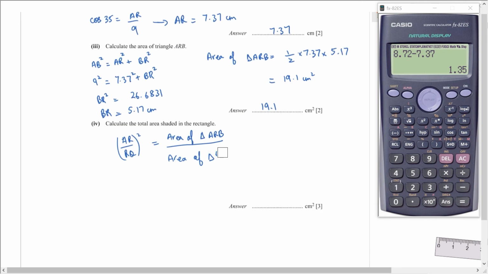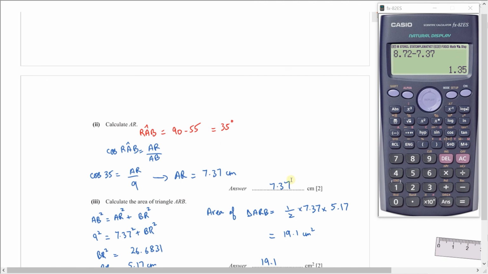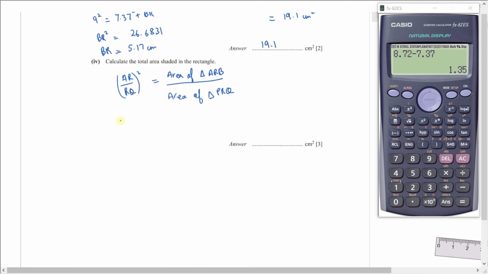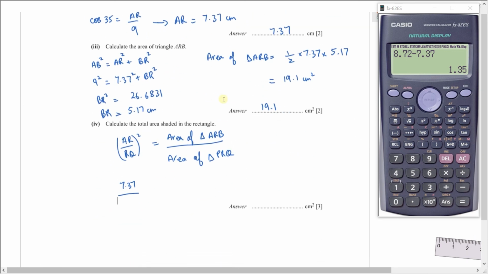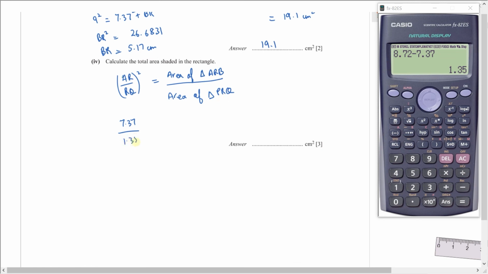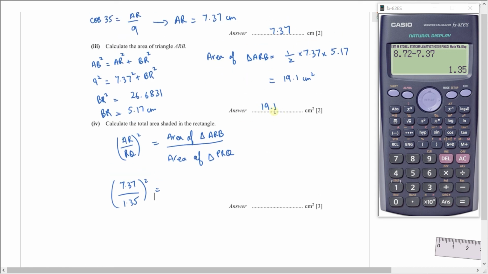So let's substitute the values. AR is 7.37, RQ is 1.35, and then whole square equals area of ARB that we calculated in the previous part, 19.1, divided by area of triangle PRQ.